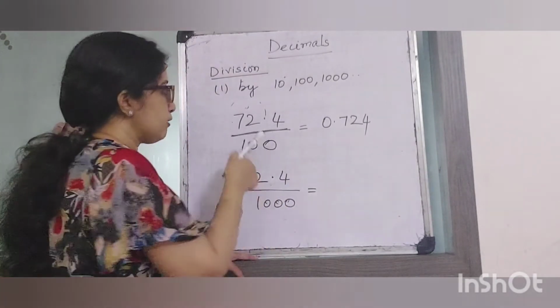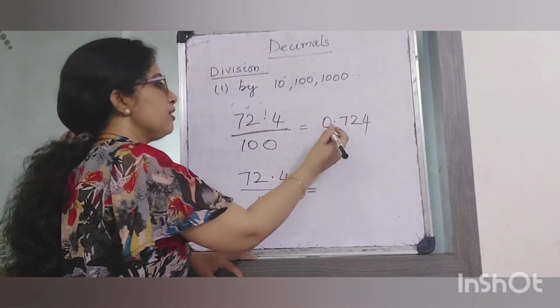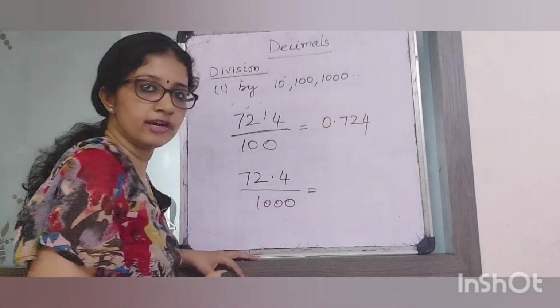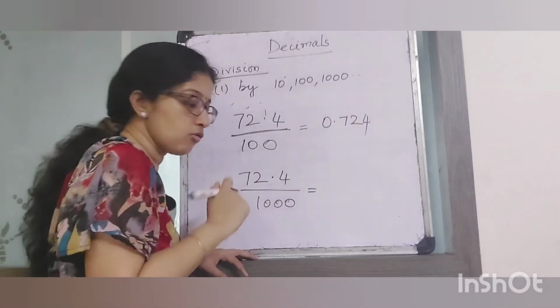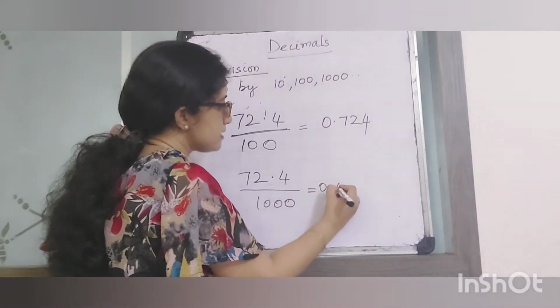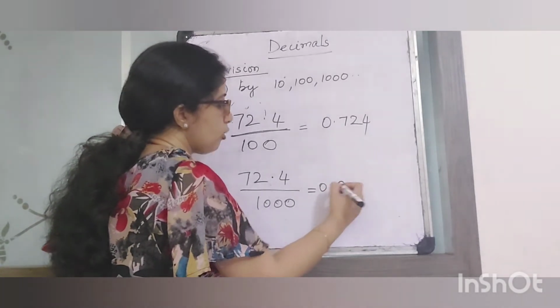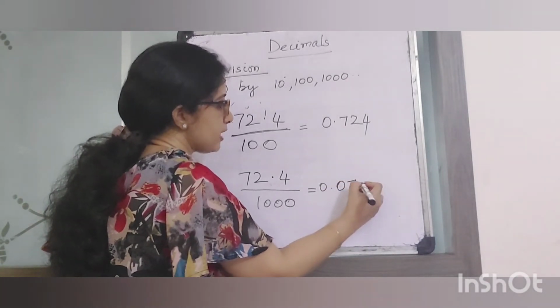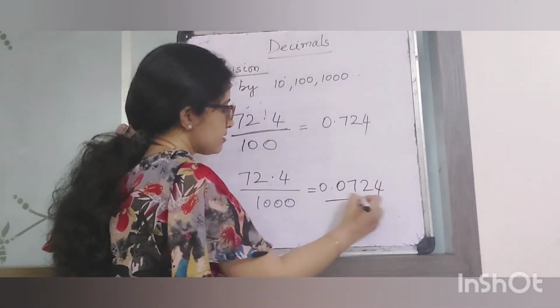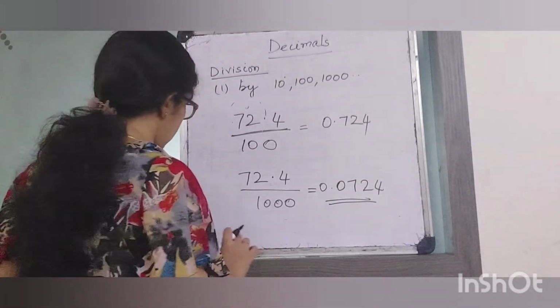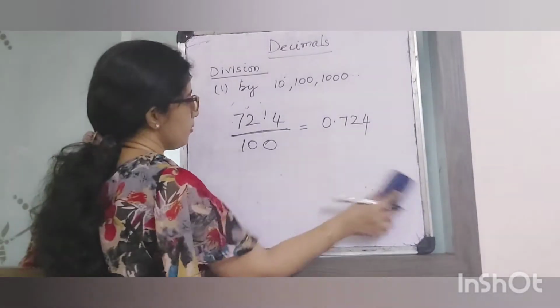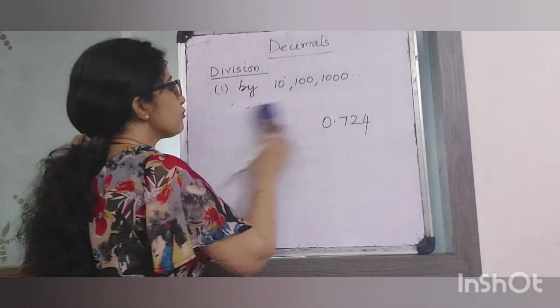If we shift it 2 places, we will get 0.724, right? So 3 places means we don't have another digit here. So what should we do? We have to put a 0 here. 0.0724 is the answer. Clear? Now this is very easy. You can remember. Just keep in mind a few points.